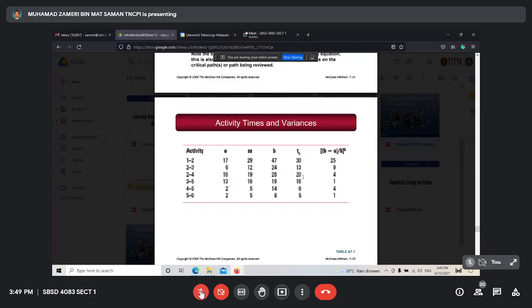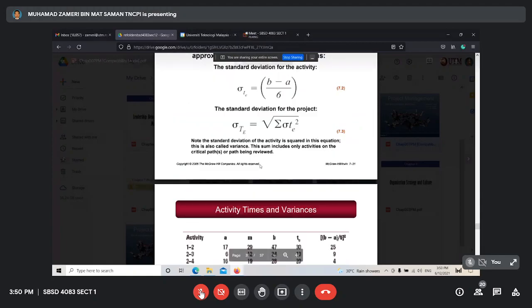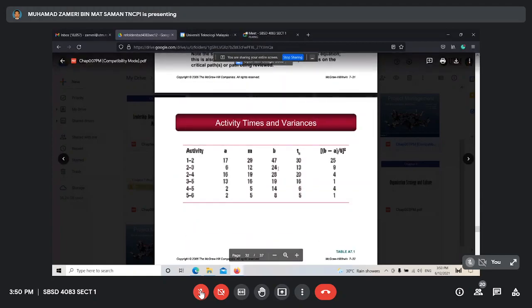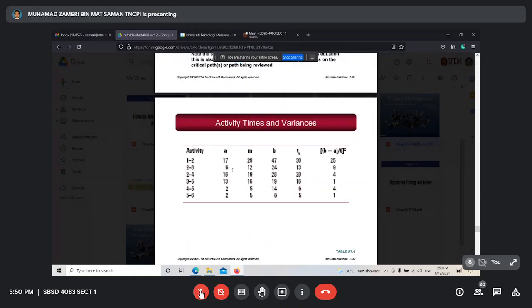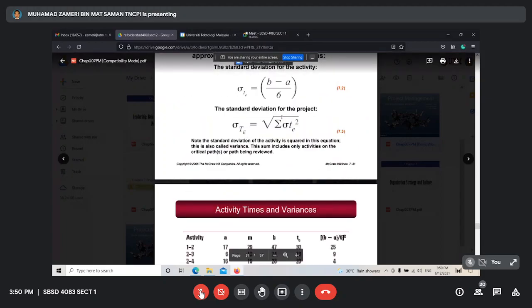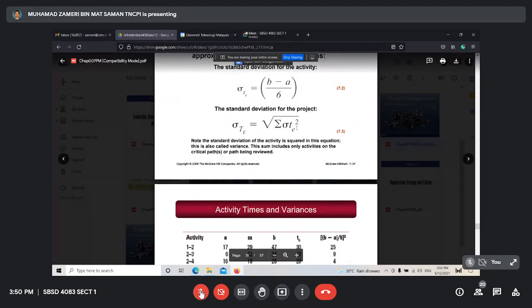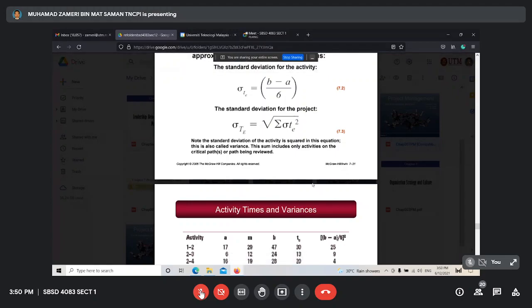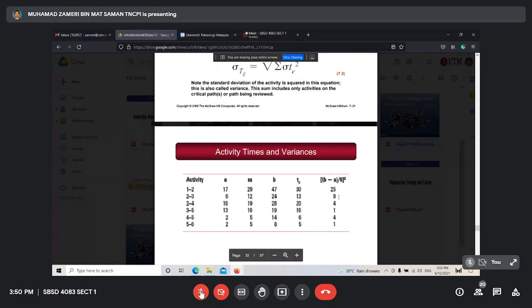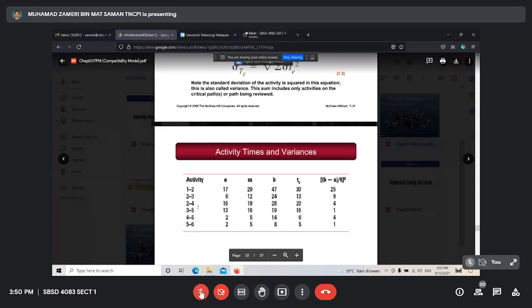You get 13. Then the standard deviation: 24 minus 6 is 18, divided by 6. You get 3, and squared, you get 9.